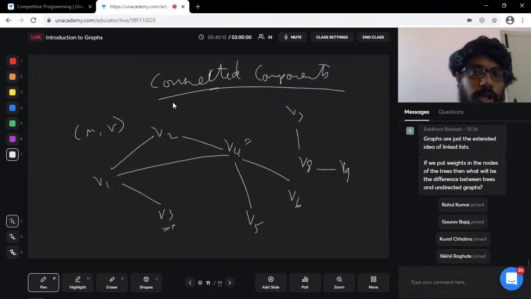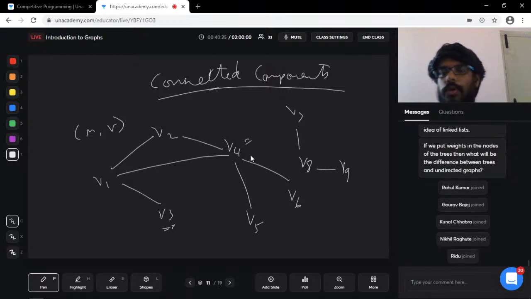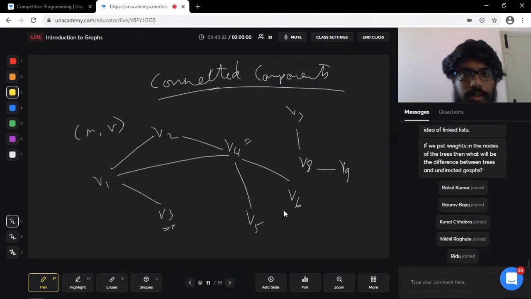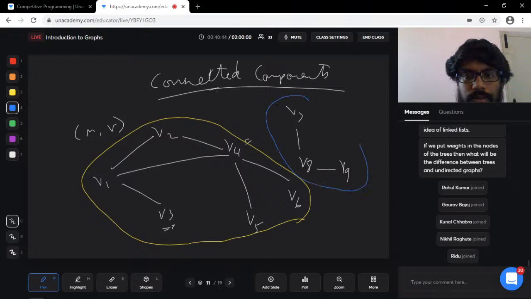Now, a connected component is nothing but a subset of the vertices such that any two vertices in that subset are connected to each other. So in particular, in this example, this will be one connected component, and this will be another connected component.